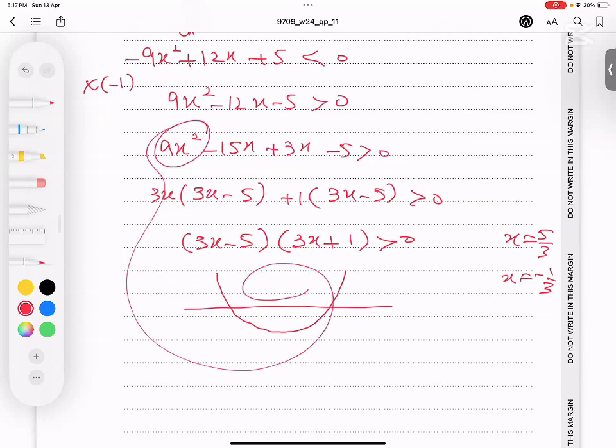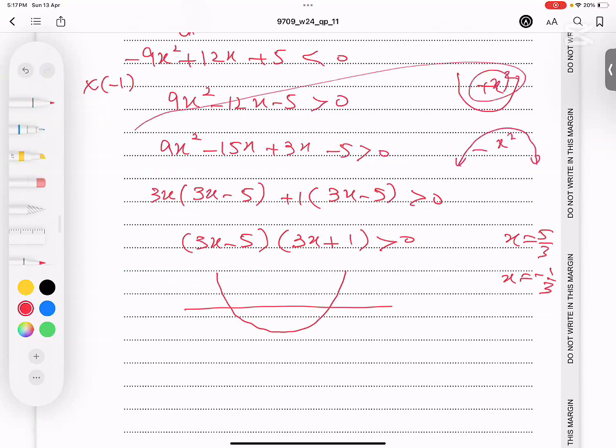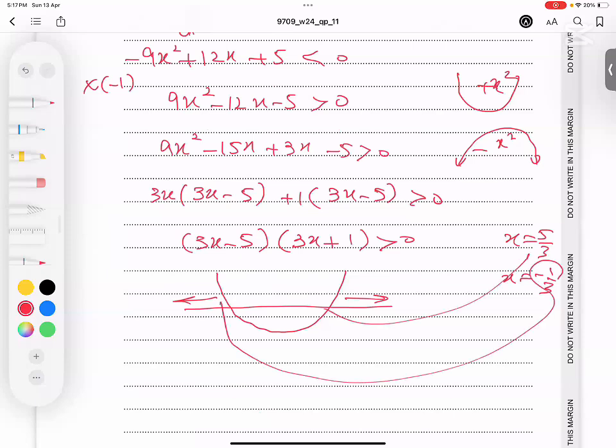If x squared is positive, I make this graph; if negative, I make this graph. Currently I have a positive x squared. Whenever the bigger-than sign comes, I have to go outside. The smaller number is on one side and the bigger number on the other side: 5 by 3 and negative 1 over 3.